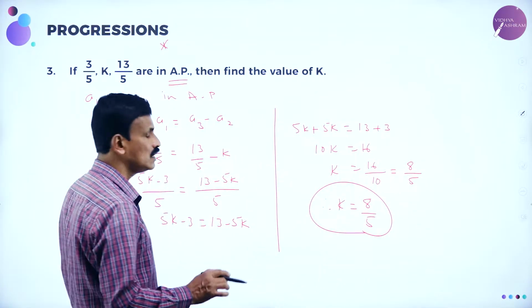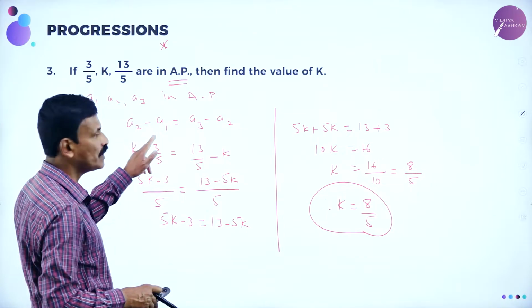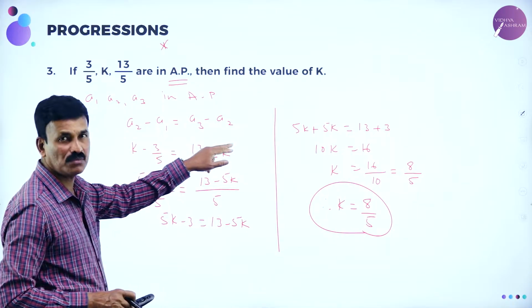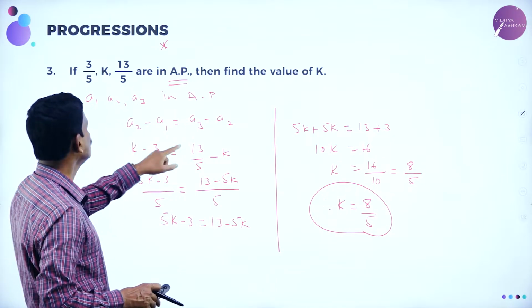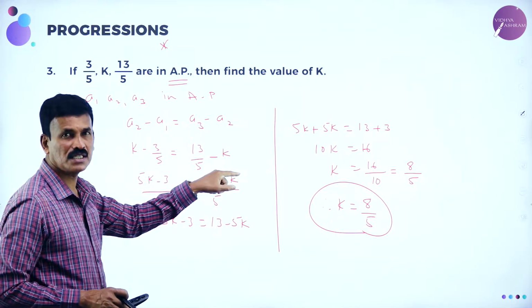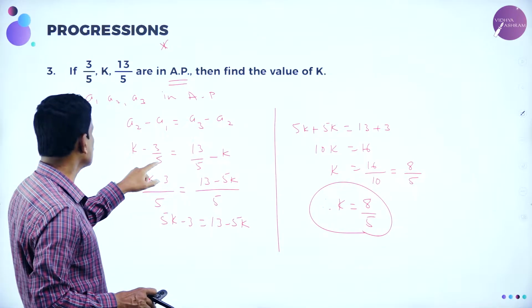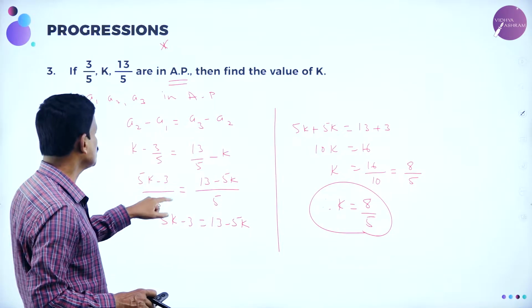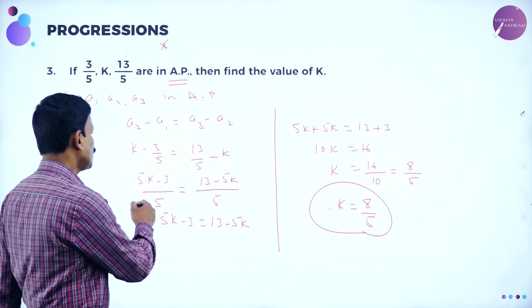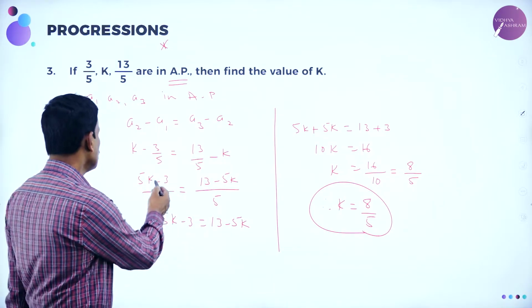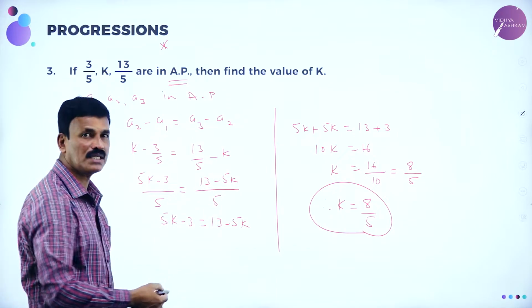See here. Let me explain once again. A2 minus A1 is also equal to A3 minus A2. So k minus 3 by 5 is equal to 13 by 5 minus k. So take LCM, 5 is the LCM. 5k minus 3 is equal to, again 5 is LCM, 13 minus 5k. Divide by 5, 5 and 5 get cancelled. 5k minus 3 is equal to 13 minus 5k.